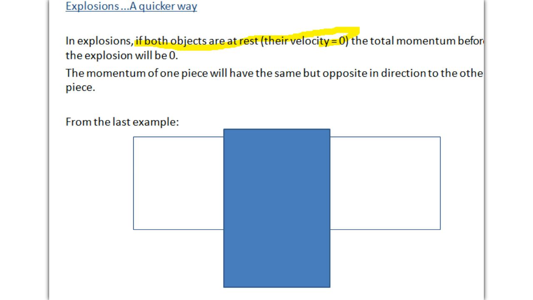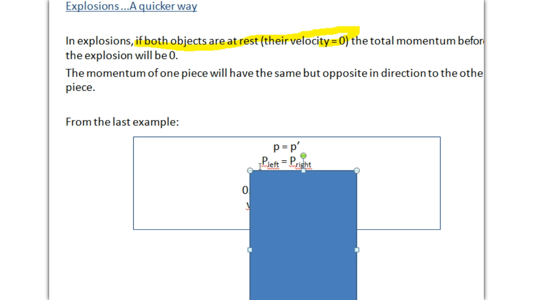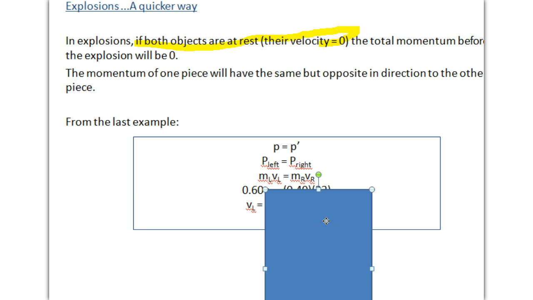So we look here at the last example. Momentum before, again, is momentum after. We'll find the momentum of the fragment that goes to the left and the momentum of the piece that goes to the right. So momentum of the left piece, momentum of the right piece. Momentum of the piece going to the left, we know its mass was 0.6.